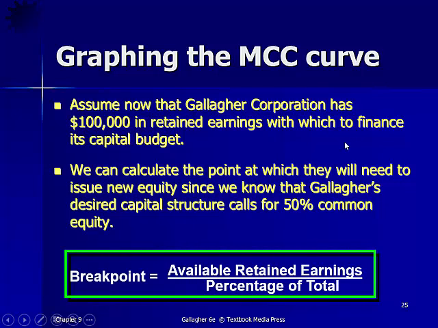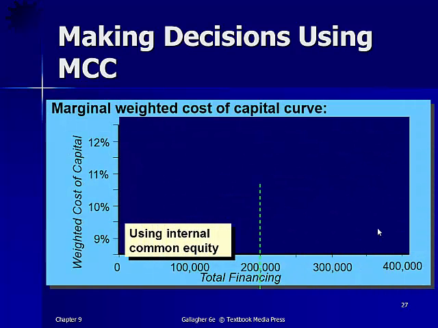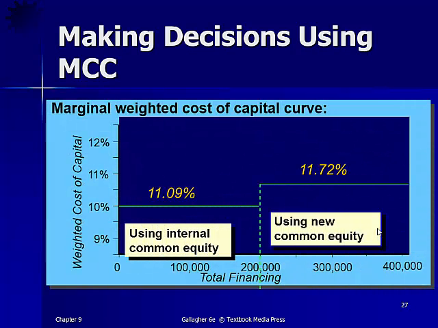And so that break point is the available retained earnings over the percent of the total that comes from equity. So that's $200,000. What you can see here is that once we've raised $200,000, half of which is coming from equity, we will have used up the entire $100,000 worth of internal equity that was available.